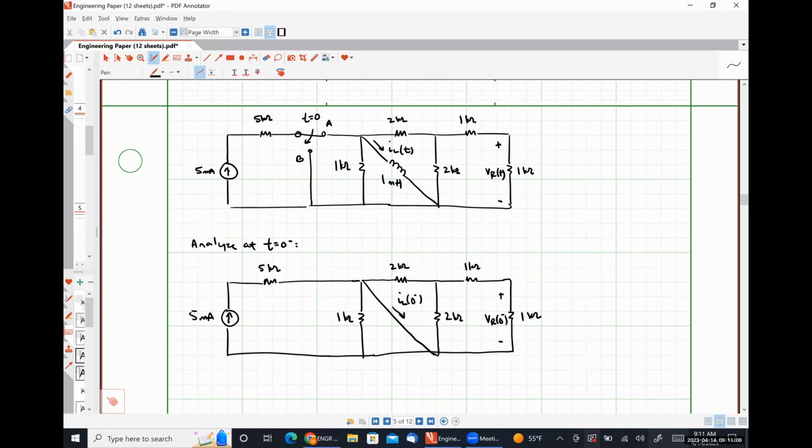What will be 0, to be clear? I agree. VR should be 0. It's to the right of the short circuit. So I am perfectly fine with you saying VR at 0 minus is equal to 0 volts at this particular instant in time.